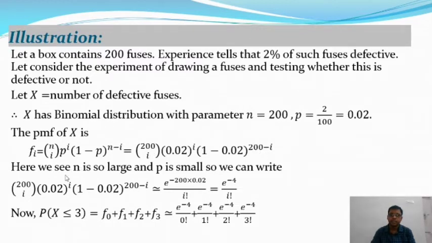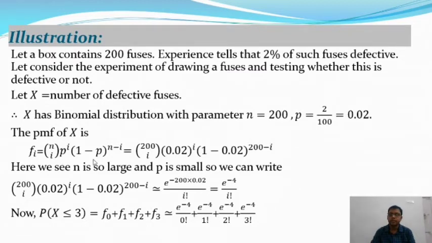So here we see n is so large and p is so small. Here n and p are the parameters, where n is equal to 200 and p is equal to 0.02. So n is a very large quantity and p is a very small quantity, and this is the probability mass function of a binomial distribution.